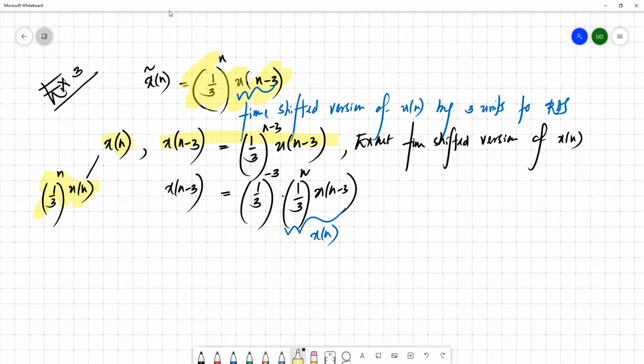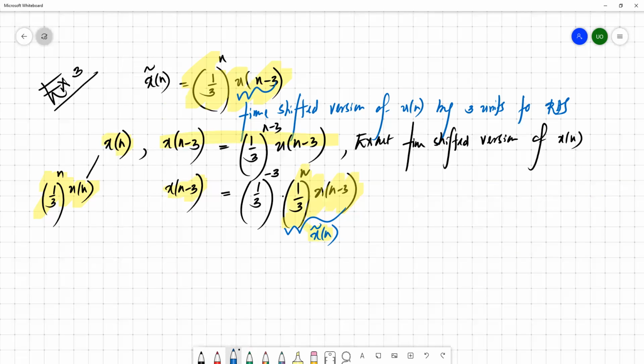Then if you reformat or readjust the numerical values, you can simply write it that way. So this is your shifted version, x[n-3] equals (1/3)^(-3) times (1/3)^n u[n-3]. Then basically you can identify that this is actually your x tilde[n].